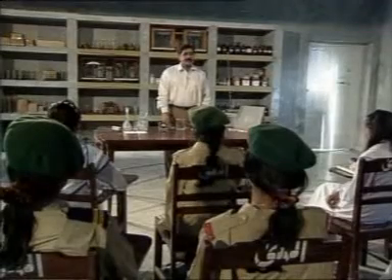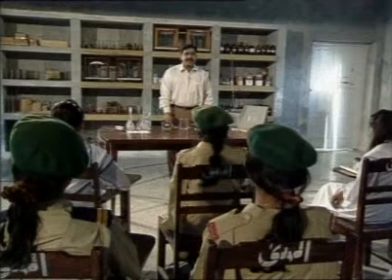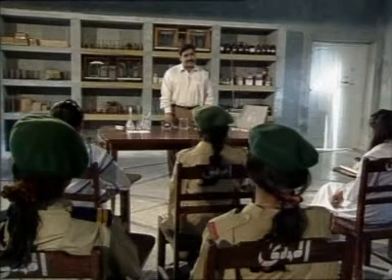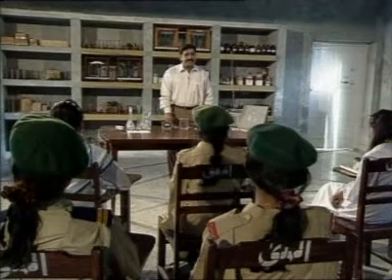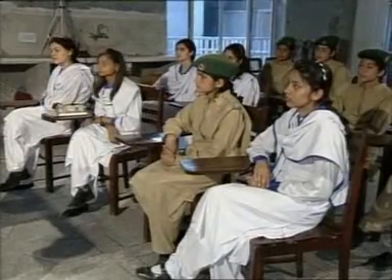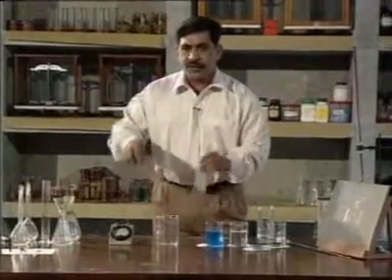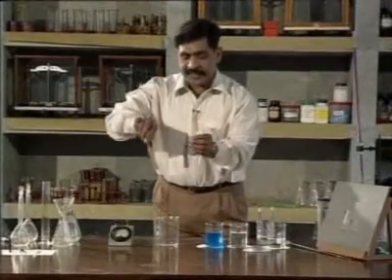Dear students, let's see how a galvanic cell is prepared. Dear students, a cell is a source of energy. A cell is any vessel or container in which a chemical change takes place. A cell can be constructed by placing two electrodes in a container.